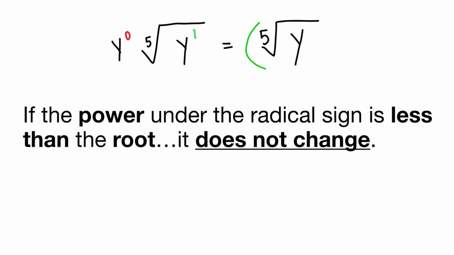That's what we saw here. When you have something like this and you do your division, it equals itself. So just make sure you understand that rule so that you don't have to show extra work or waste time on your quiz or test.